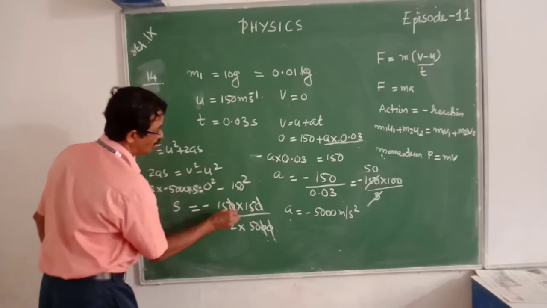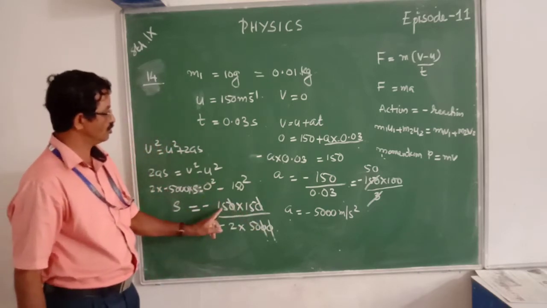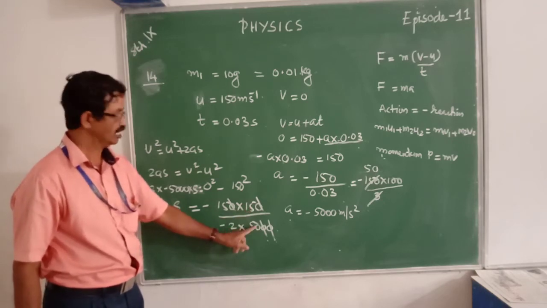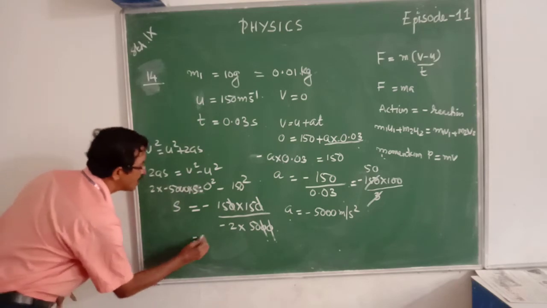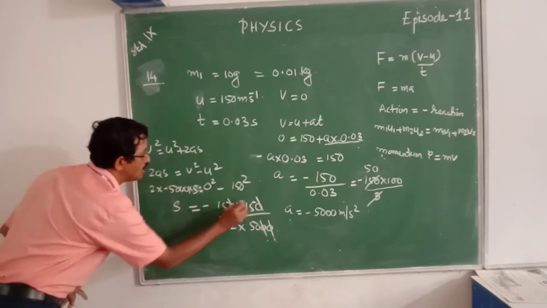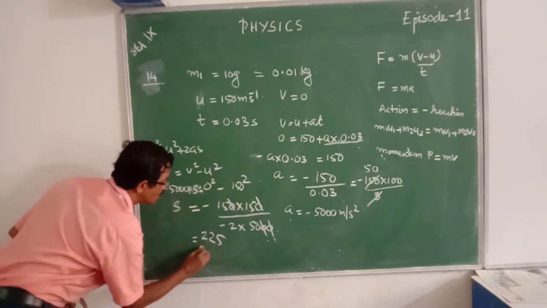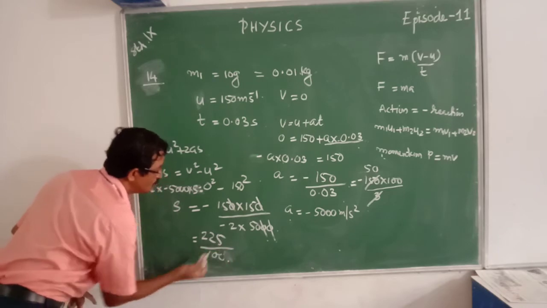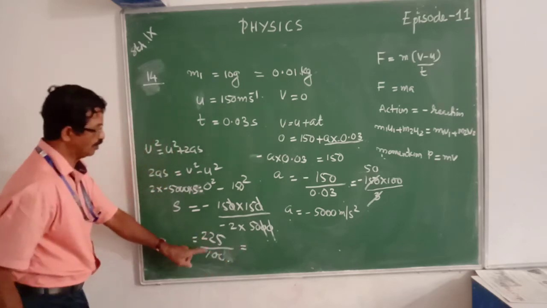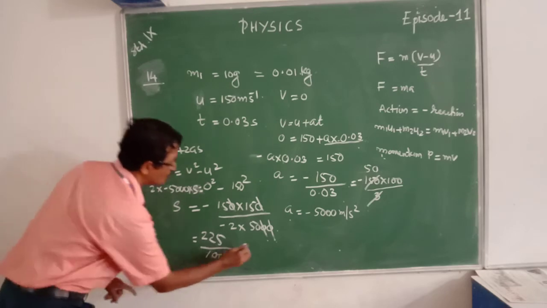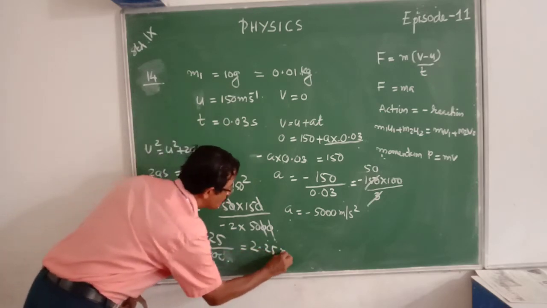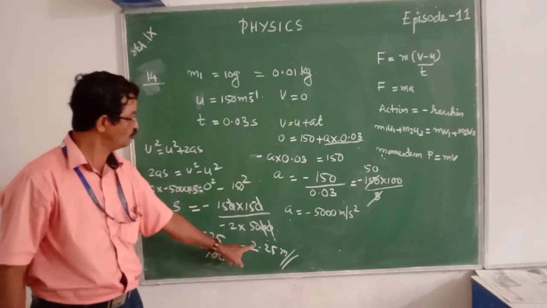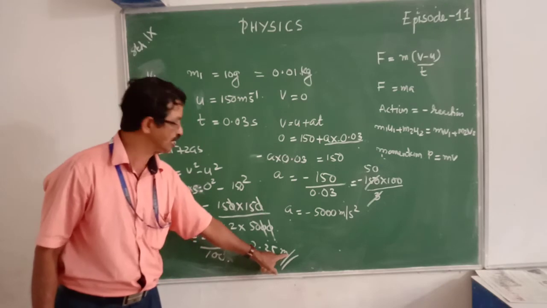Now we can cancel the 10 and 1. Then 15 into 15 is 225, and 2 into 50 is 100. Minus by minus becomes plus. So 225 divided by 100 is equal to 2.25 meter.